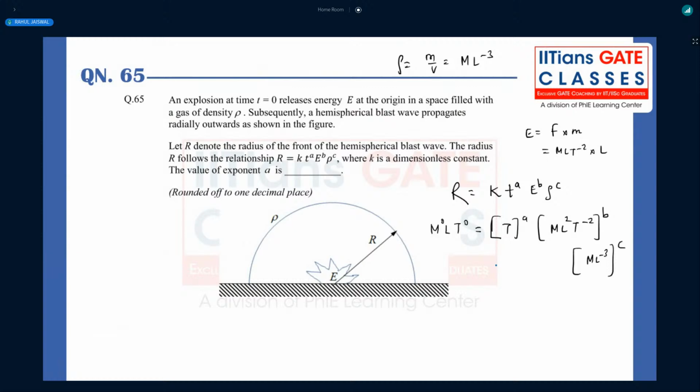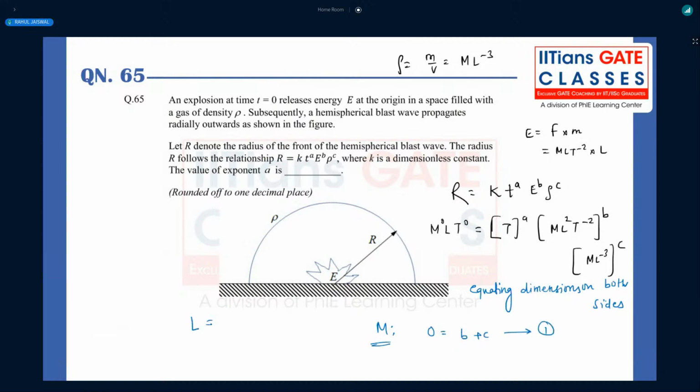First of all, equating the dimensions on both sides, if you compare the M, that is 0 equal to B plus C. That is the first equation.